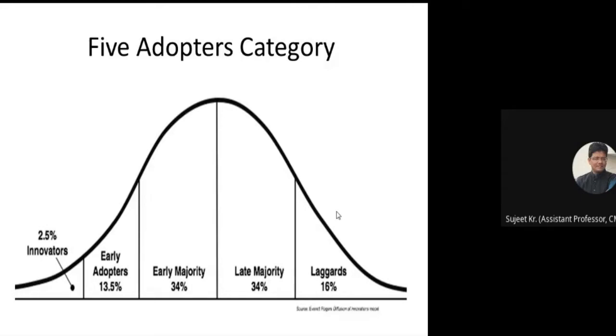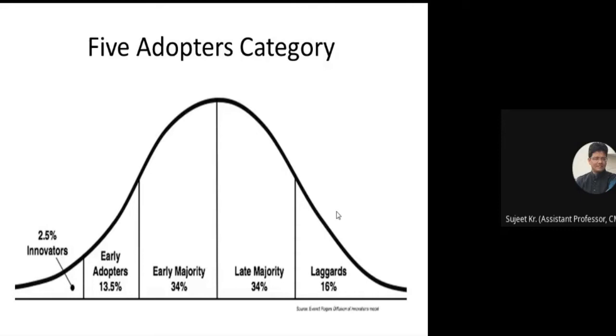The first category is innovators. Innovators are very limited. Only 2.5% of people are innovators. These are the people who are very much interested in using new things, applying new ideas, right? They are ready to accept new ideas.